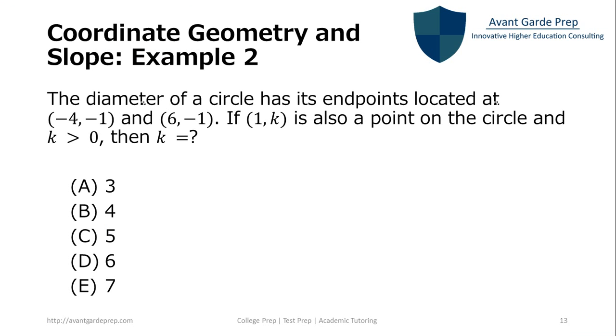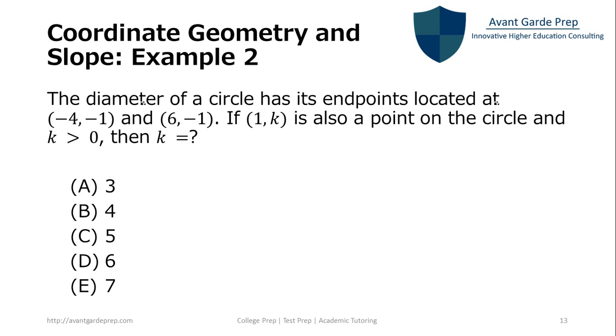This problem states, the diameter of a circle has its endpoints located at (-4, -1) and (6, -1). If (1, k) is also a point on the circle, and k is greater than 0, then k equals what? And we have A) 3, B) 4, C) 5, D) 6, and E) 7.